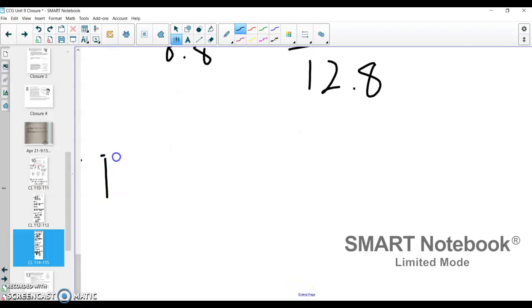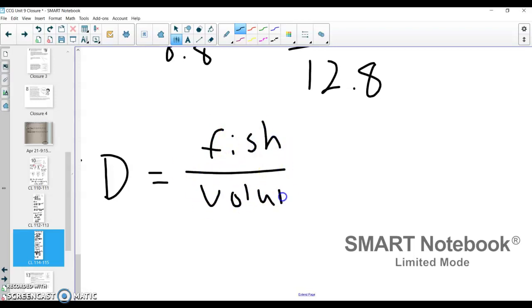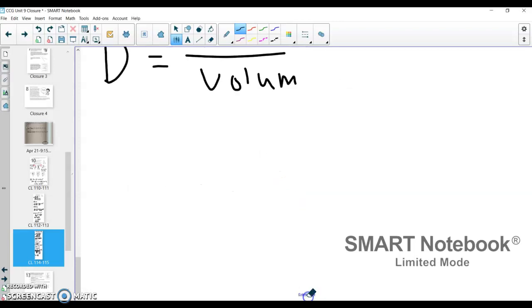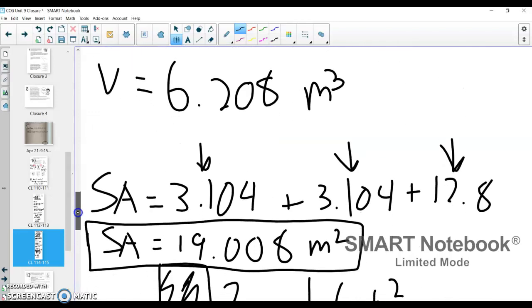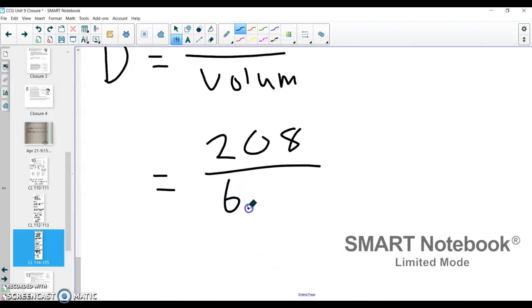And so density is going to be the number of fish in the tank divided by our volume. And so we will have 208 divided by our 6.208.